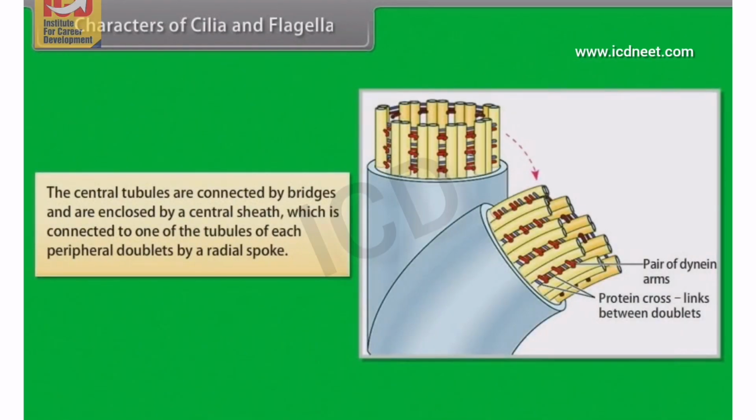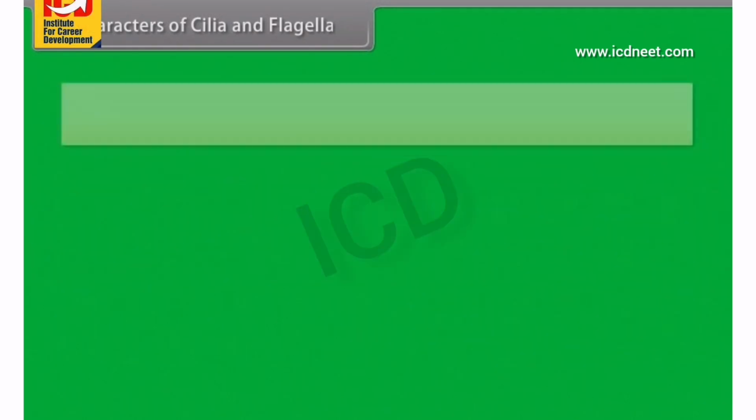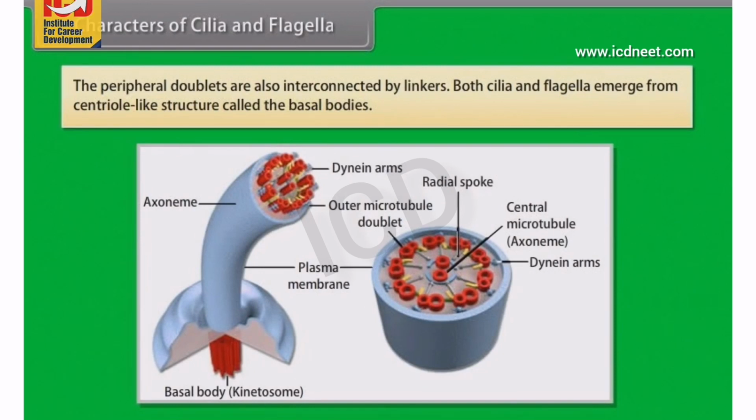The central tubules are connected by bridges and are enclosed by a central sheath which is connected to one of the tubules of each peripheral doublet by a radial spoke. The peripheral doublets are also interconnected by linkers. Both cilia and flagella emerge from centriole-like structures called the basal bodies.